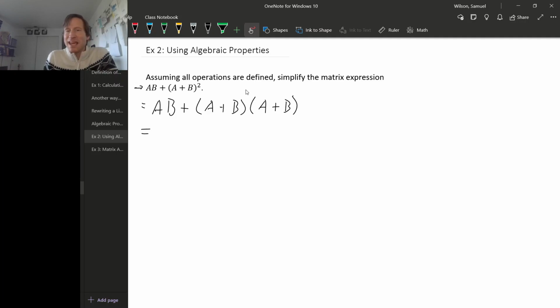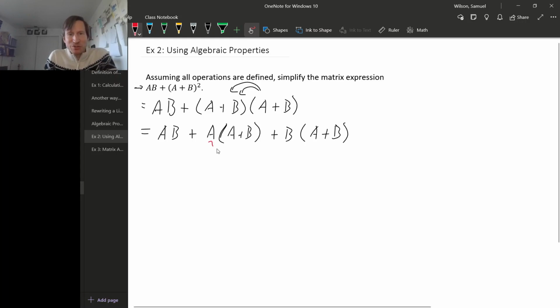Well, we can't just FOIL it out, because that actually assumes we have commutativity, and we don't have commutativity with matrix multiplication. So we need to distribute. Let's distribute this way. So we get A times (A+B) plus B times (A+B).